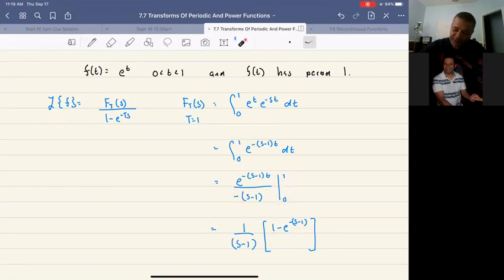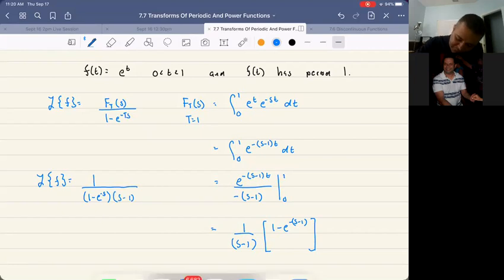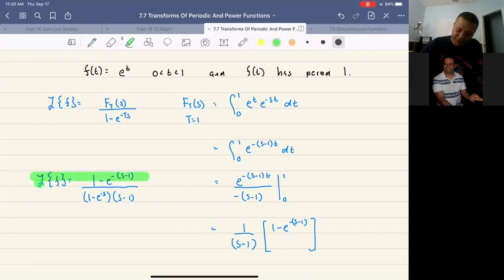So now the Laplace transform of our total f is going to be 1 over 1 minus e to the negative s, times 1 minus e to the negative (s minus 1) over s minus 1. All right, I'll see you all in the next video.